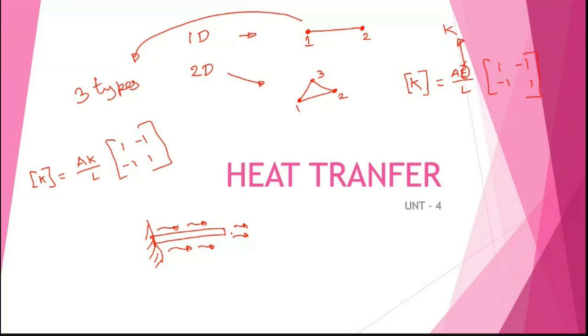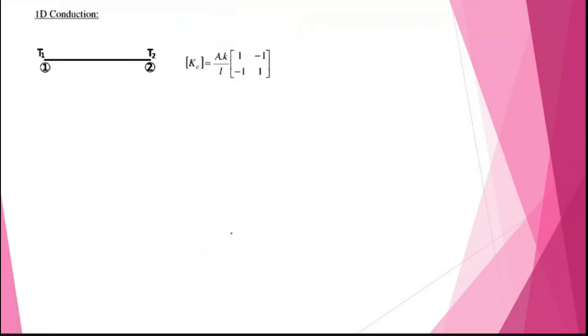Let me show it here. This is only pure conduction, which is what we discussed. One element has two nodal points, 1 and 2, and the displacement functions are T1 and T2. T1 and T2 are the outputs. As I told you, you have an input and an output.